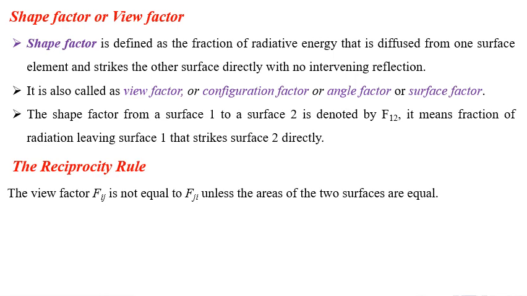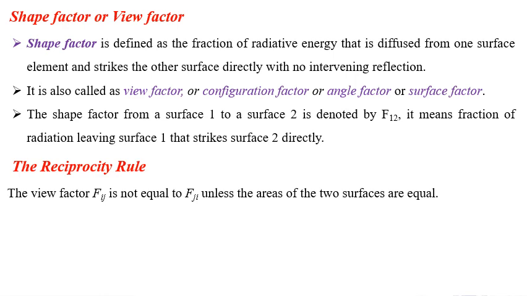Therefore the view factor F1-2 represents the fraction of radiation energy leaving surface 1 that strikes surface 2, and the view factor F2-1 represents the fraction of radiation energy leaving surface 2 that strikes surface 1 directly. For the special case of j equal to i, we have Fi-i or F1-1.